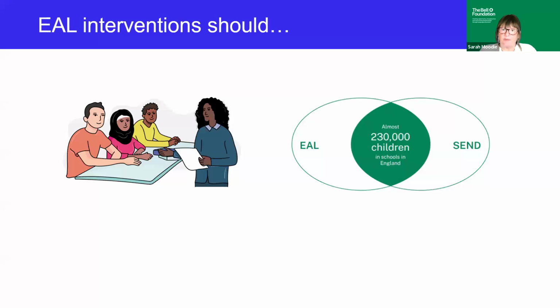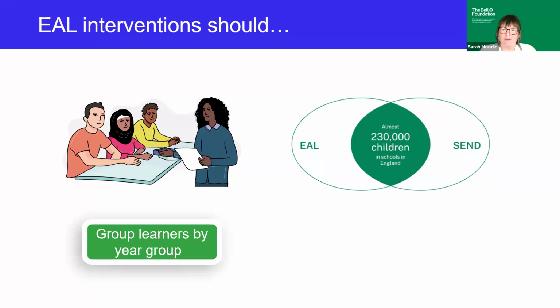Another should, EAL learners should be grouped by year group rather than by a sort of perceived language level, because this allows you to concentrate on the relevant subject material for that year group.